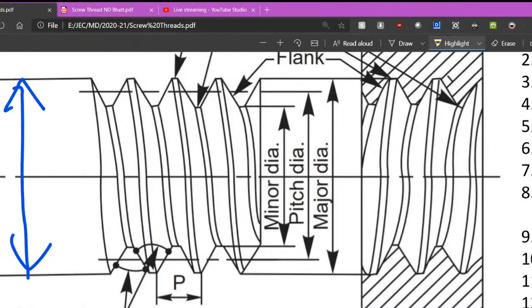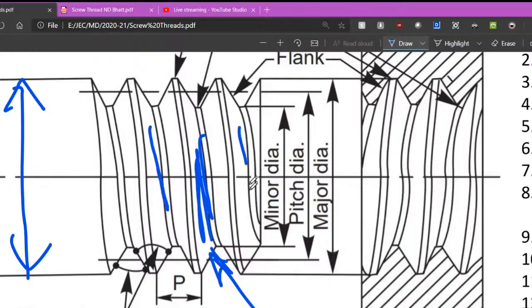See, this is your flank. This one, you see the side of the thread, these are flanks.